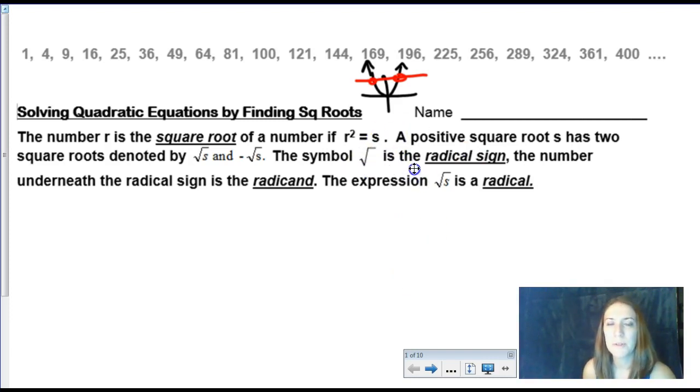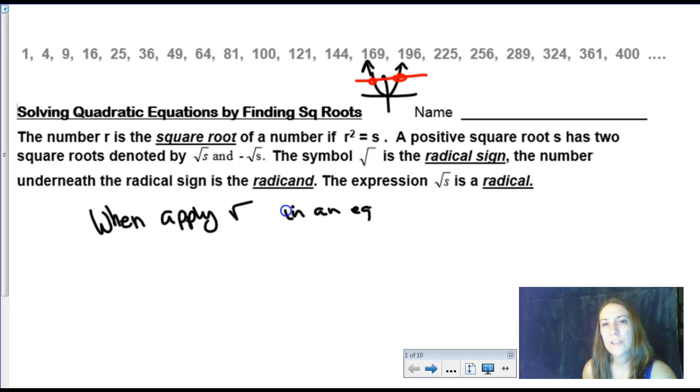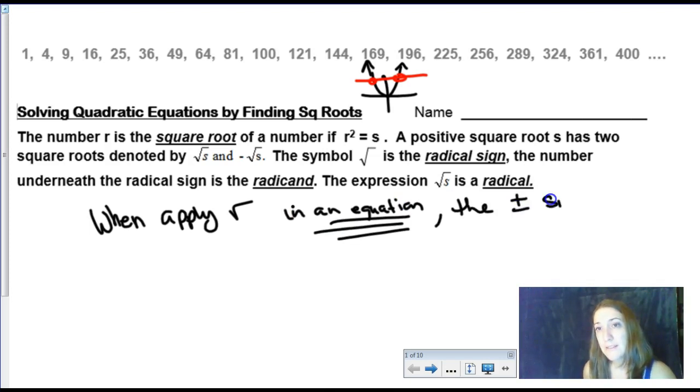This symbol, remember, is the square root sign. It's the radical. Because we're going to be dealing with square roots for the quadratic unit, these are all going to be square roots. So big note to yourself, and this is the big difference: when you apply a square root in an equation, it has to be an equation, the plus and minus sign shows up.